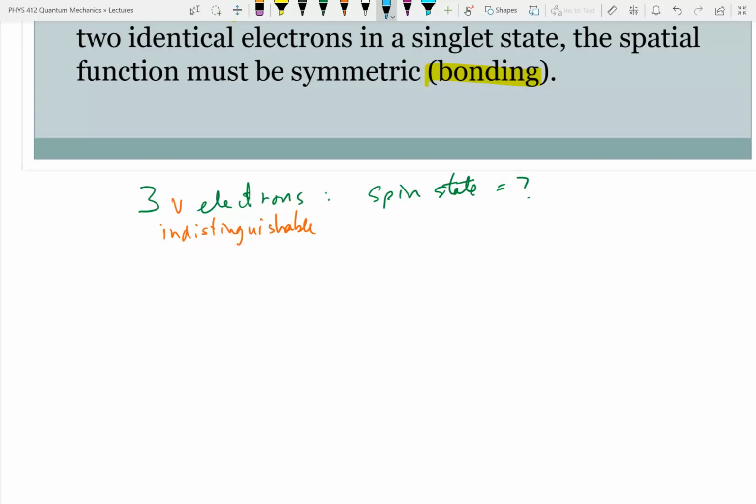It sounds like you're working in the right direction, Andy. What was your thought process behind what you just said? So I was thinking that in the first energy state, you can have electrons in different holes, I guess you could say, in the orbitals.